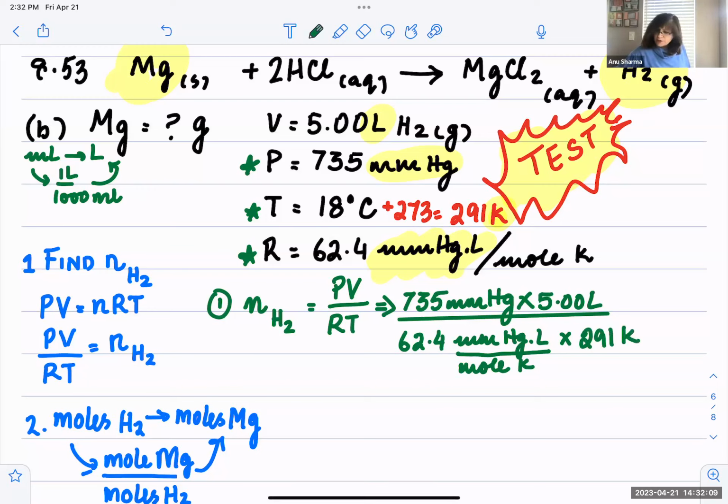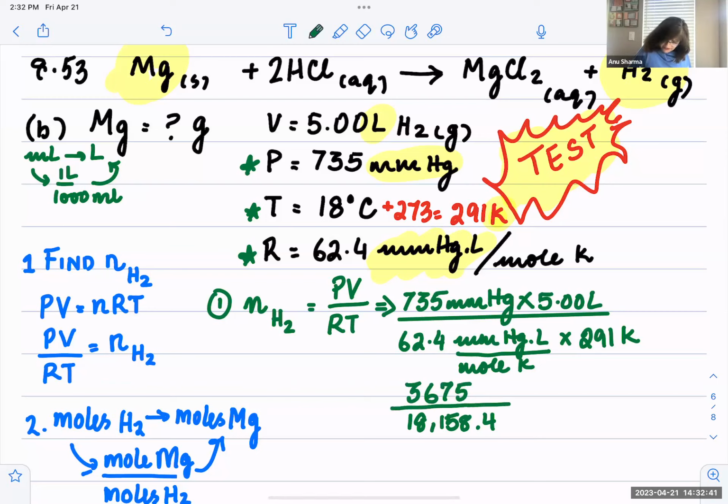Okay, so let's solve this problem. So 291 K times 62.4 is equal to 18,158.4. And the other one is 735 times 5. That gives you 3,675.